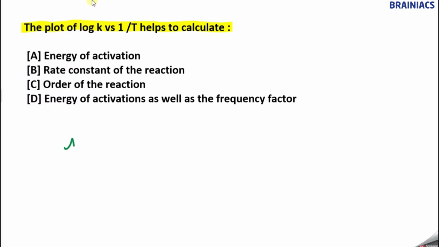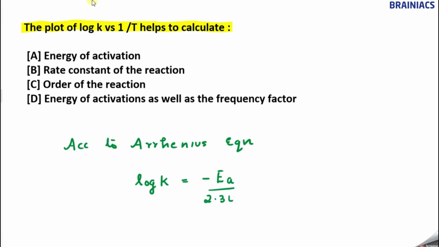We know that according to the Arrhenius equation, what is the Arrhenius equation? We know that log k, correct, is equal to minus Ea by 2.303 R, correct, 1 by T plus log A. This is the equation.